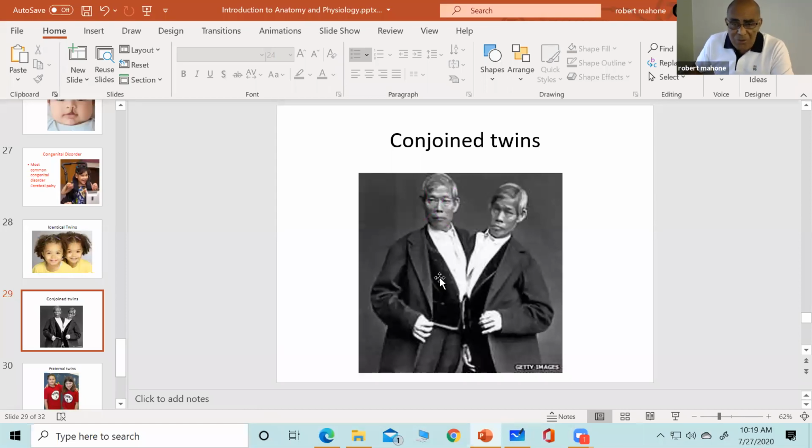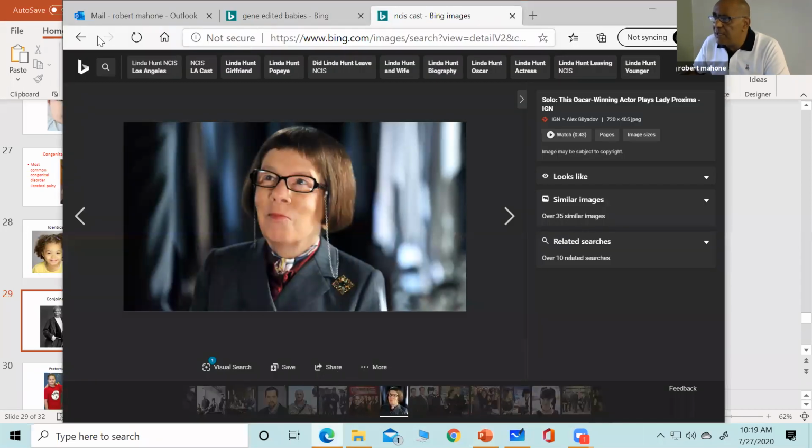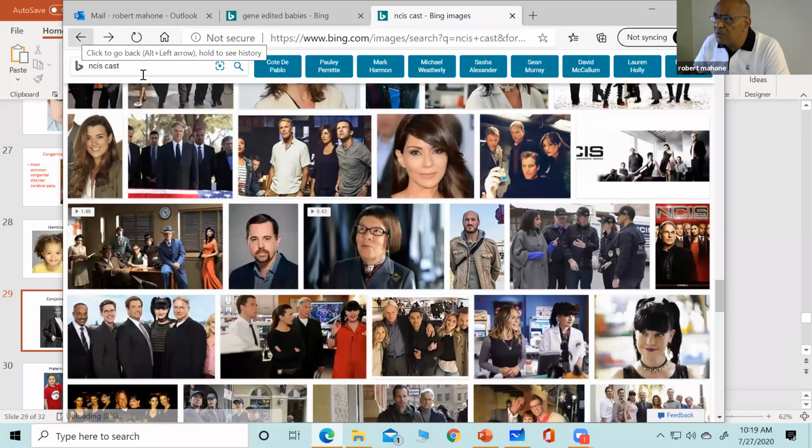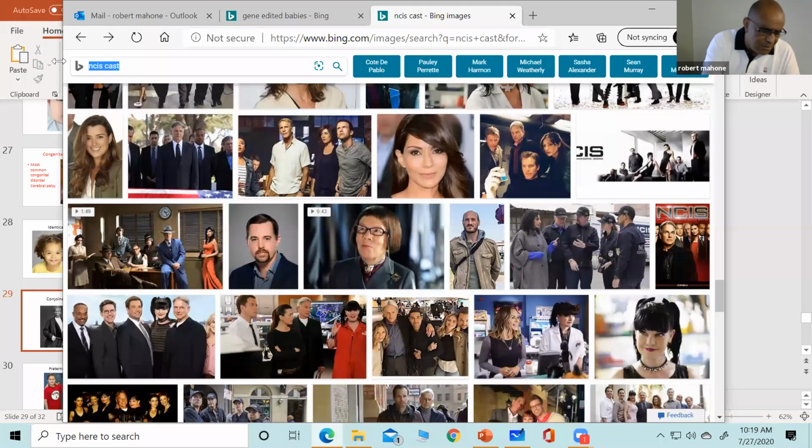We see them all the time, joined at all different parts of the body. Another famous set from way back in the day was a set of twin girls. They were called the Nightingale twins.